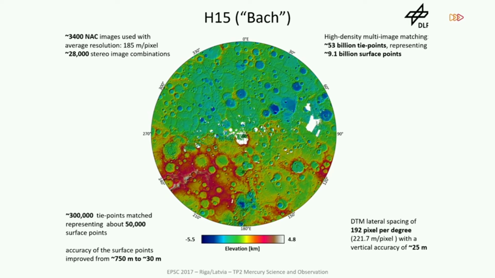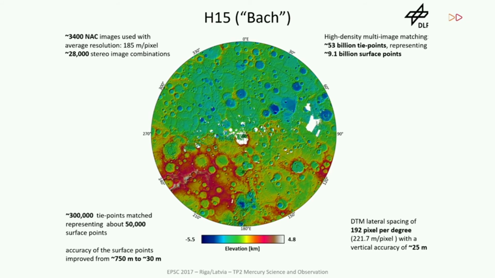We have a little bit fewer stereo image combinations, but a lot of tie points we have used for the bundle block adjustment. The accuracy goes down to 30 meters. Vertical accuracy is pretty high, 25 meters. And we have a lot of tie points.